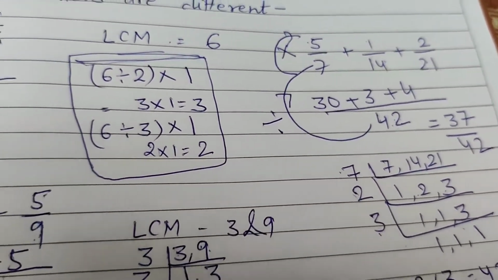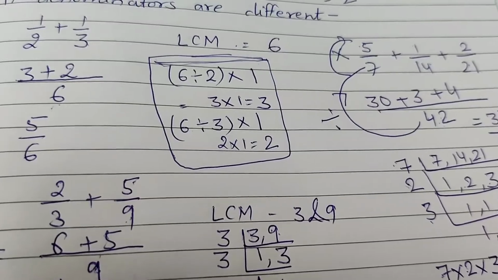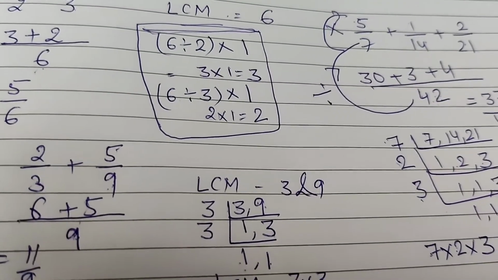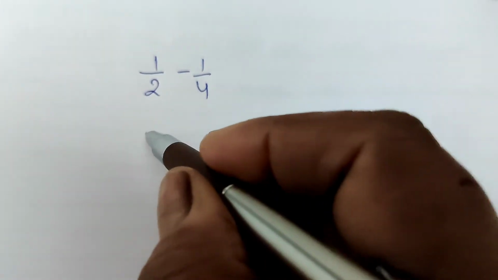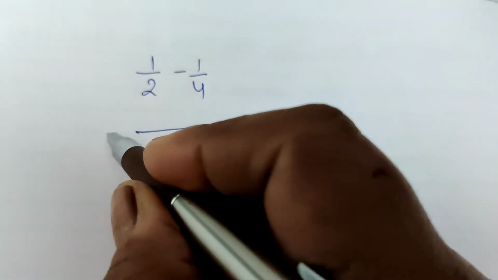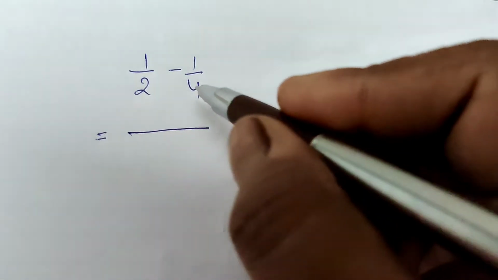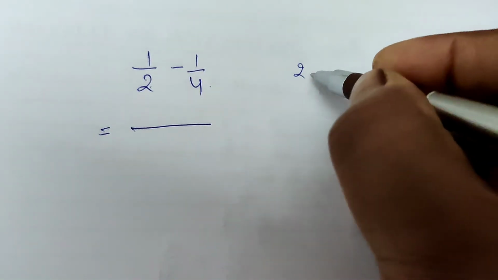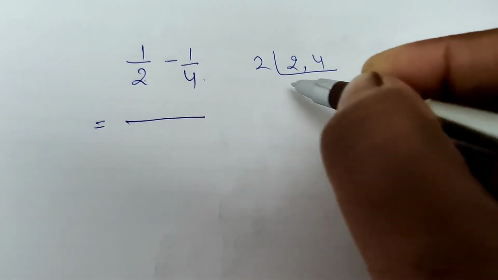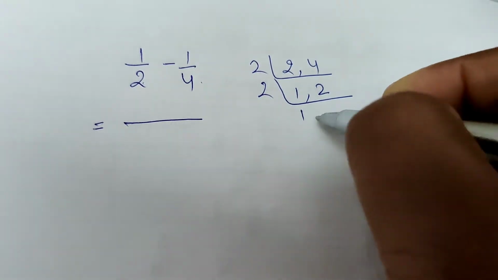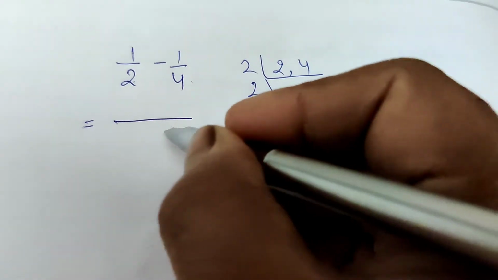Okay, this is the process of addition, and the process of subtraction is the same. Now subtract 1 by 2 minus 1 by 4. The numerators are the same, but the denominators are different. The simple process: LCM of 2 and 4. 2 into 2, 4.